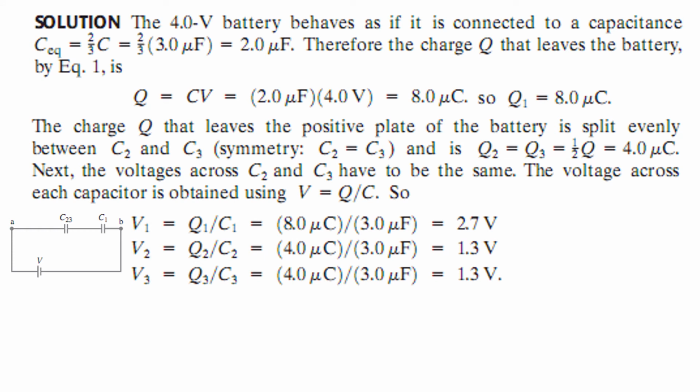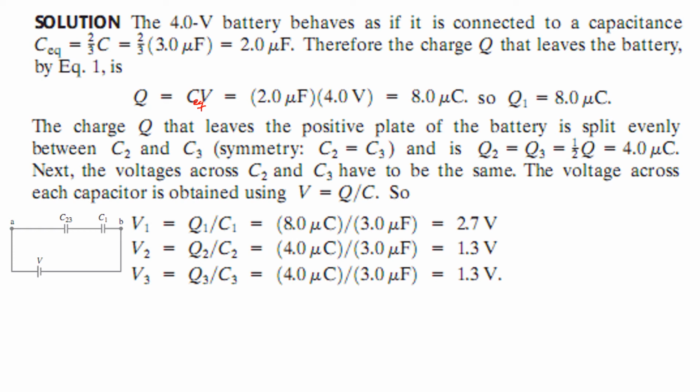Then the total charge is equal to the equivalent capacitance times the voltage across the terminals of the battery, which is equal to 8 microcoulomb. So Q1 equals 8 microcoulomb, and since the voltage is equal to charge divided by capacitance, V1 equals Q1 over C1 equals 8 microcoulomb divided by 3 microfarad equals 2.7 volts.